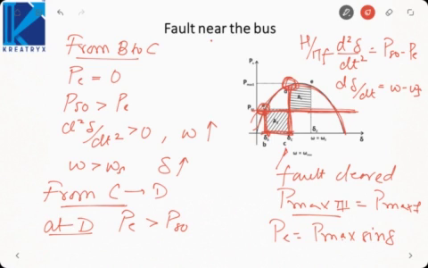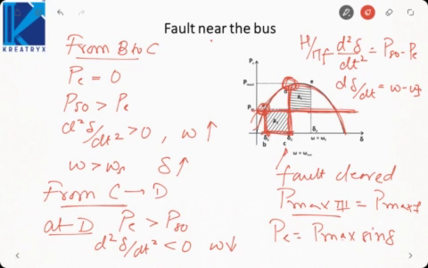Since it is greater than shaft power, what is happening? D square delta by dt square is less than 0. So speed will reduce. But up to point C or D, speed was continuously increasing, so it will be greater than synchronous. Suppose at point A, speed is 1000 rpm. Up to point C or D, speed was increasing, so it becomes 1500 rpm.